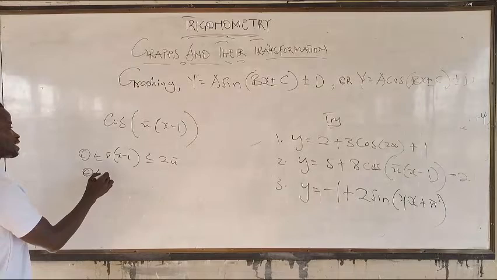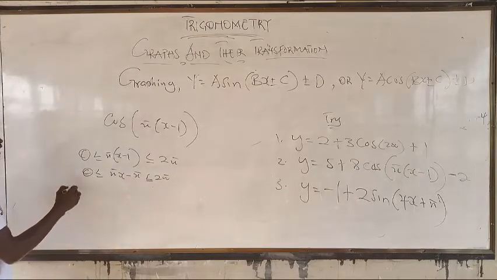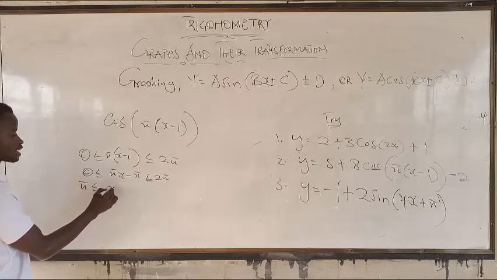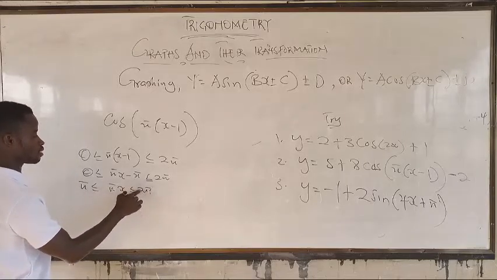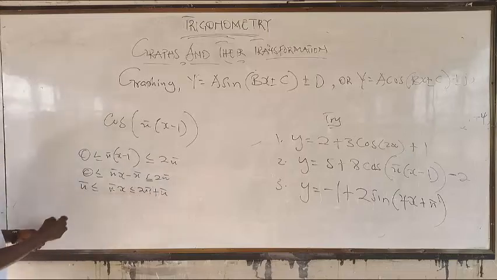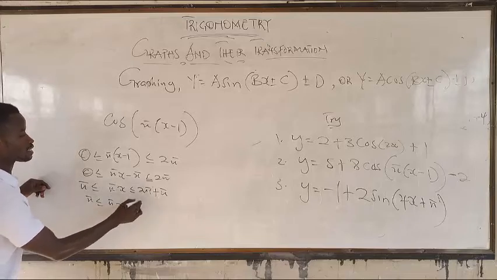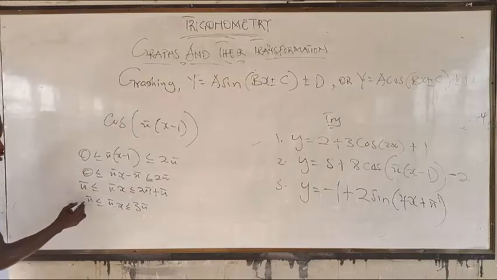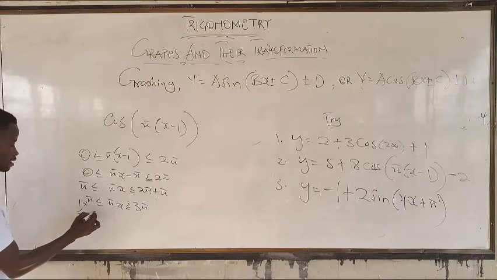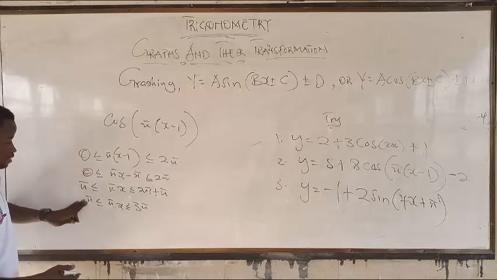So we get pi s minus pi less than or equal to 2 pi. So send it here, you get pi s. Then this you get 2 pi plus pi. So we get pi less than or equal to pi s less than or equal to 3 pi. But we need to get only s here, so we multiply here by 1 over pi, and we multiply the other side too.